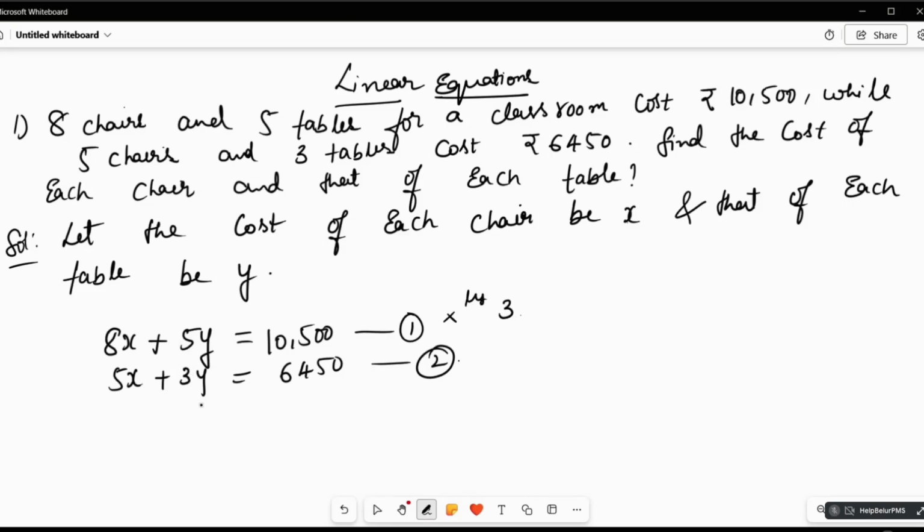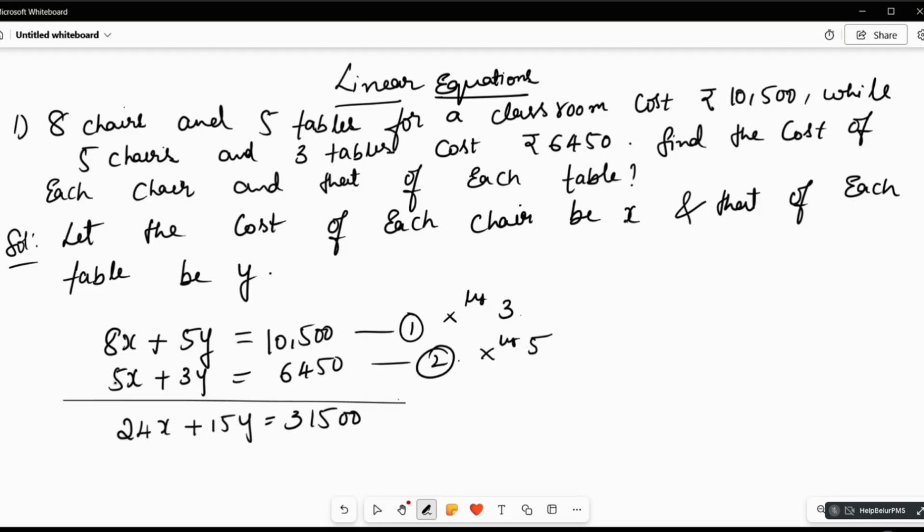5 3s are 15, you will get. Here, the second equation multiply by 5. Whenever you are multiplying, you have to multiply each element. So 8 3s are 24, so 24x plus 5 3s are 15y is equal to 10,500 into 3. 10,500 into 3 is 31,500.